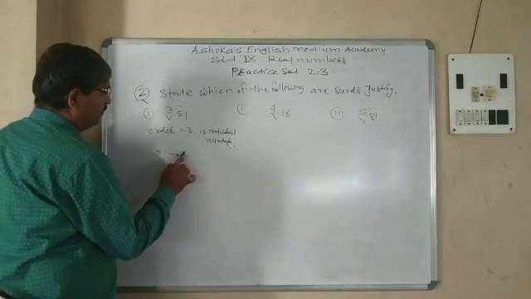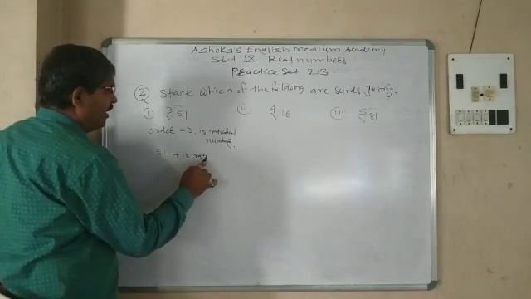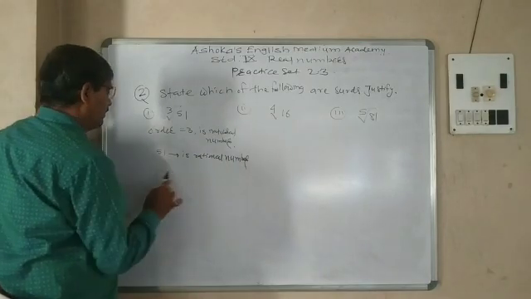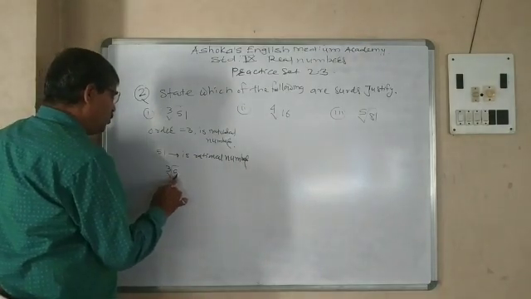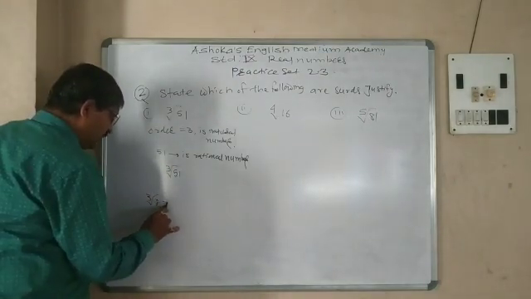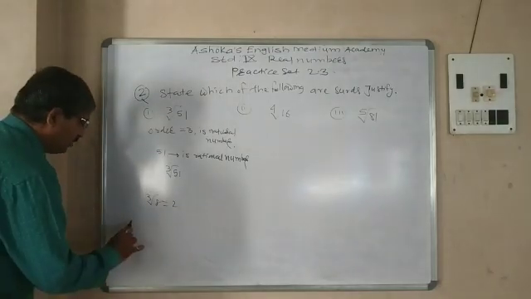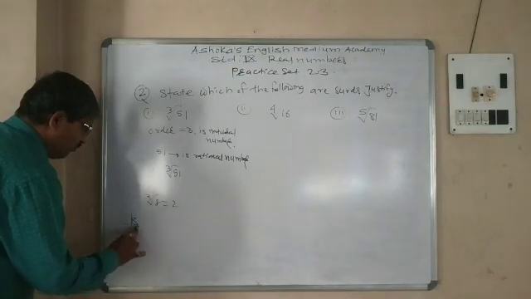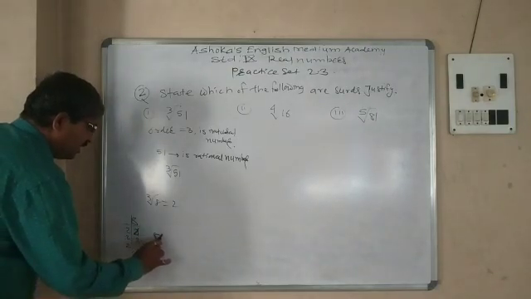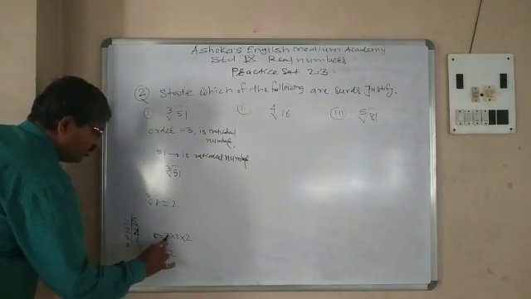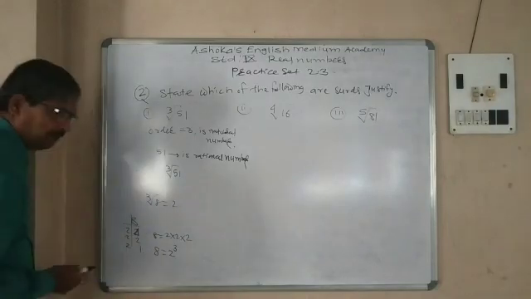51 is a rational number. Can you take the cube root of 51? Cube root of 8 is equal to 2. It means when 8 is split, 2 2s are 4, 2 4s are 8. 8 is equal to 2 into 2 into 2, means 8 is equal to 2 raised to 3.